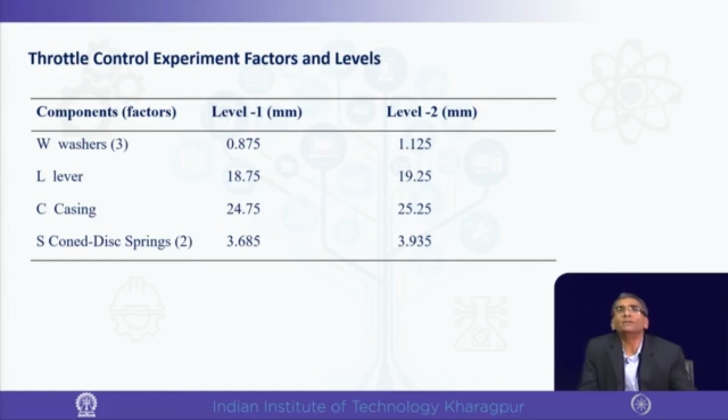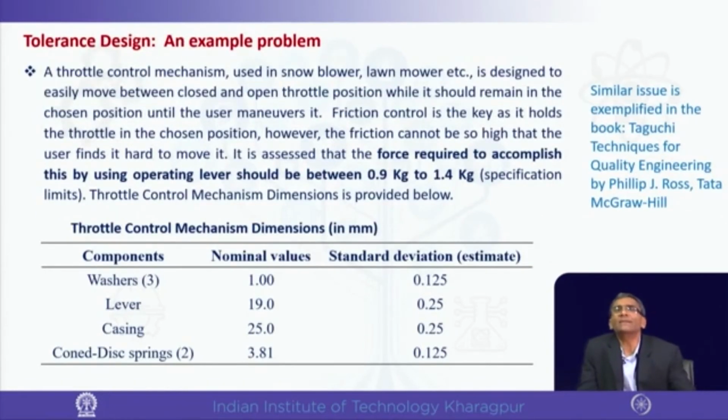Now we will proceed. So, here we have already given that data, that is level 1 and level 2. As you have seen, it has been done for all cases; for example, the nominal value is 1 and the standard deviation is 0.125.